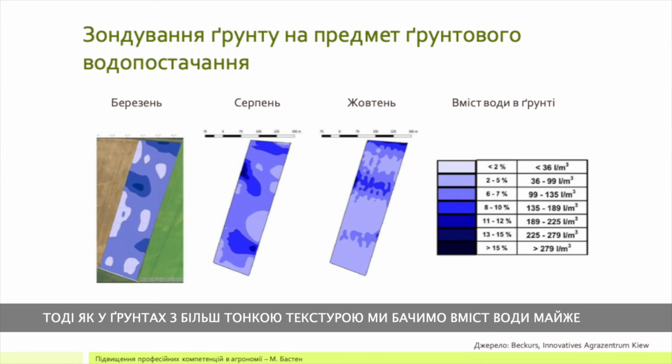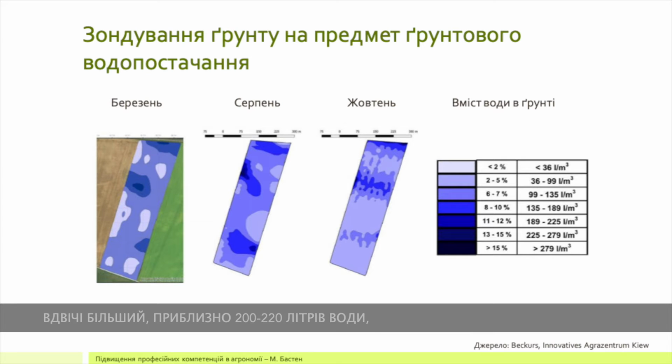Whereas in the soils which probably have a finer texture, we see a water content of almost twice that much, something like 200 to 220 liters of water available at the beginning of the growing season. And you can imagine that this difference in water supply can make quite a significant difference in the achievable yield on these different productivity zones in the field.